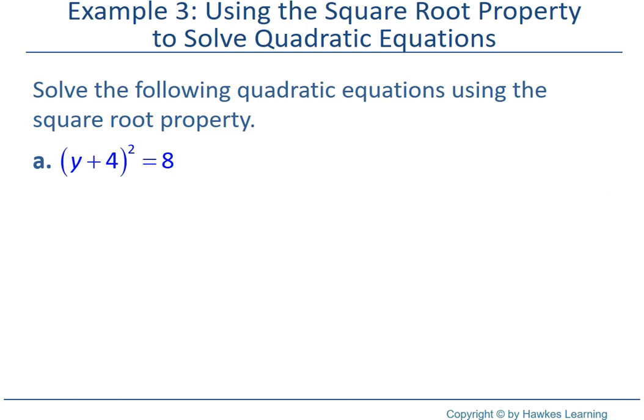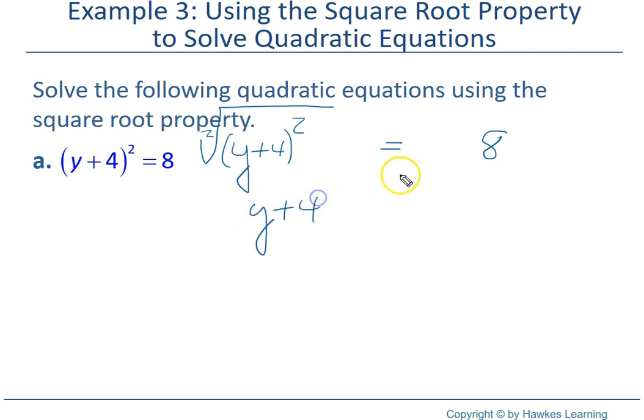So, let's see what we have. Now, I'll write it out here. y plus 4, the quantity squared, equals 8. Giving myself lots of room here. So I said to take the square root of this, whatever the index number is, and it just becomes the radicand, which is y plus 4.